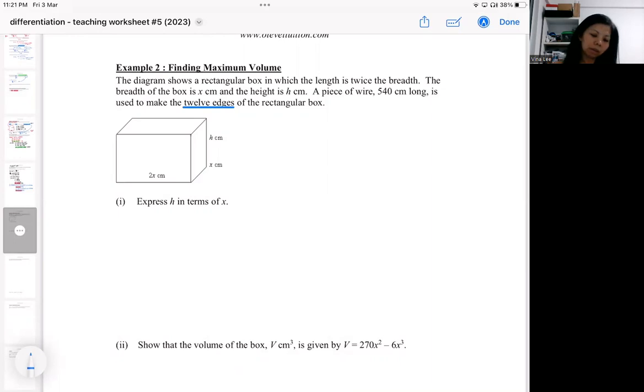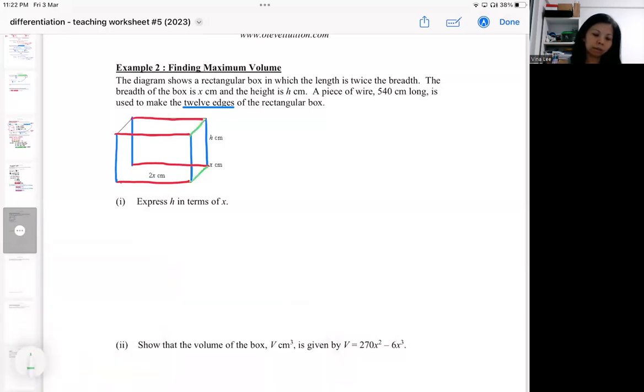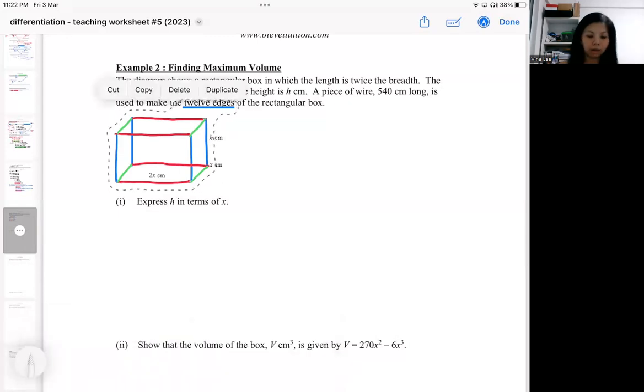The 12 edges are made up of 4 heights, 4 lengths, and 4 breadths. So these are where you get the 12 edges. You can visualize the 12 edges with this idea.